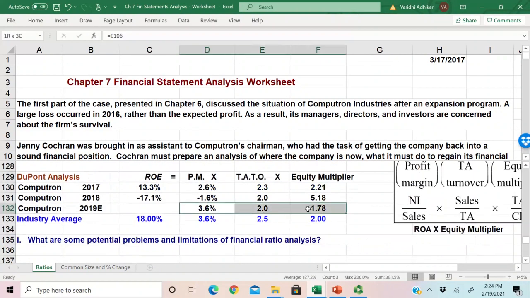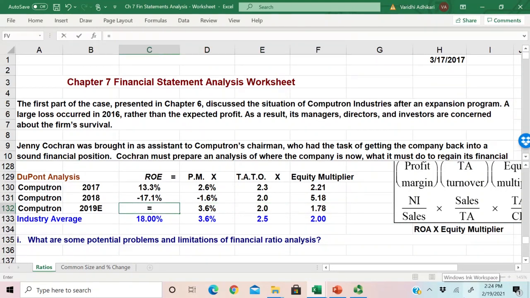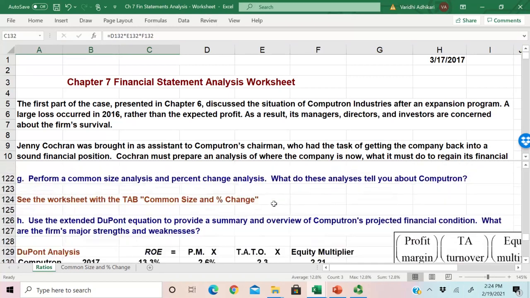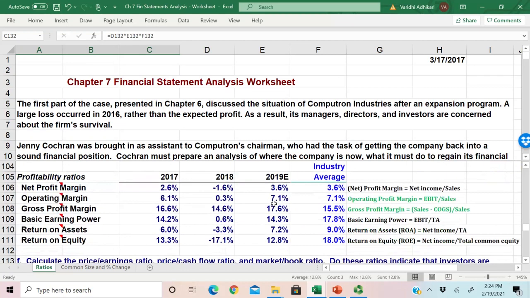Now the multiplication of these three will be ROE, which is that ratio times the equity multiplier, 12.8%. Now you can verify that against the one you calculated directly here, 12.8%. Voila, right?